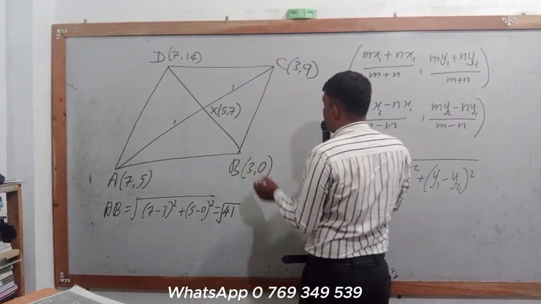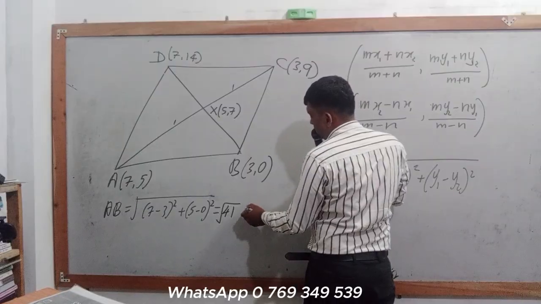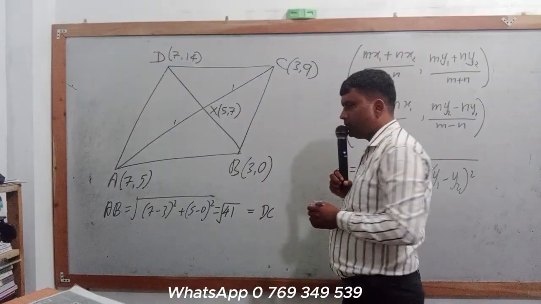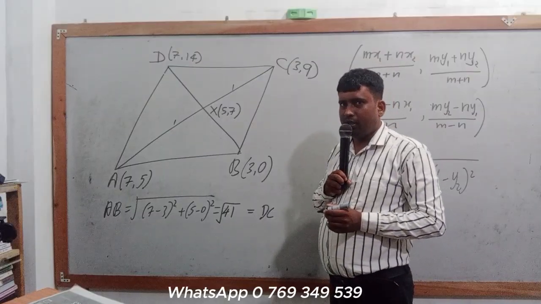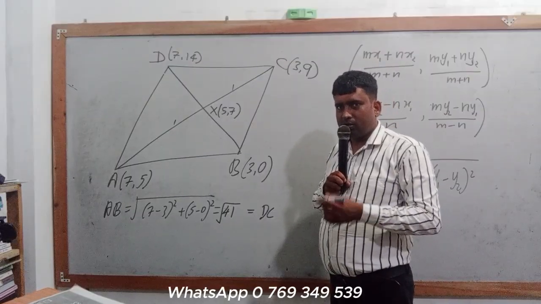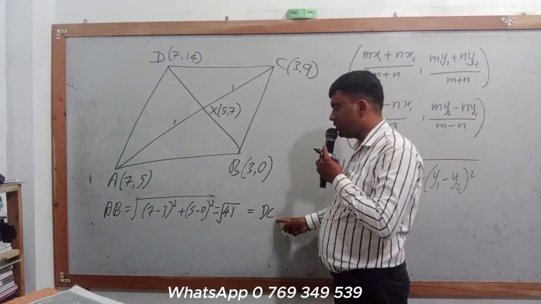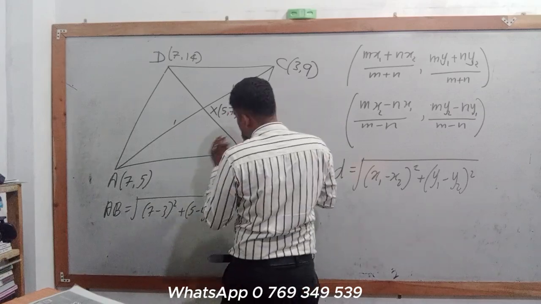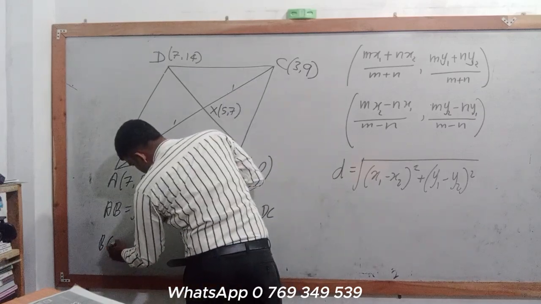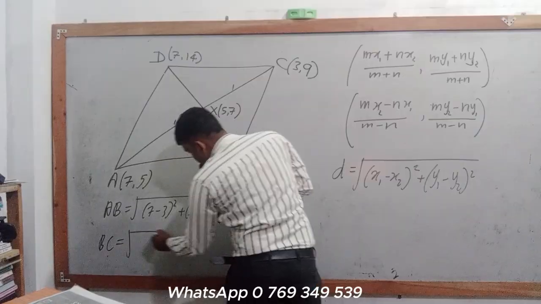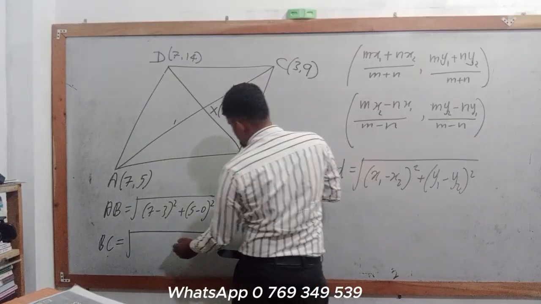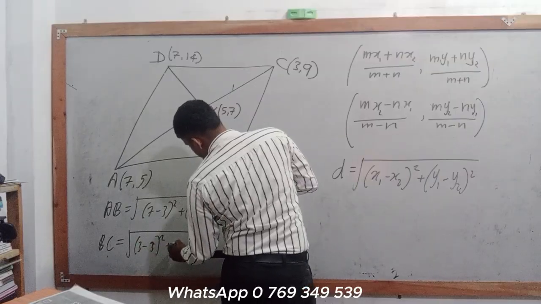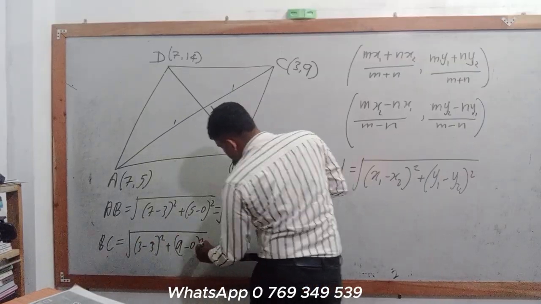Then DC also same thing, no? Why? This is the parallelogram, right? No need to find, right? We can say that DC also same thing, same value. And BC, 3 minus 3 plus 9 minus 0 is square.